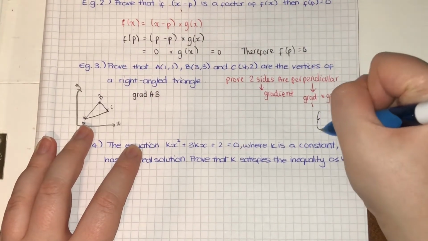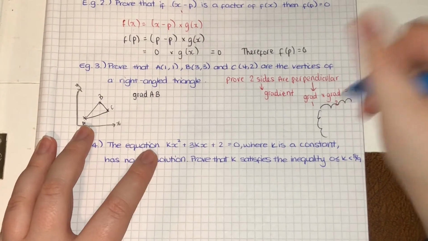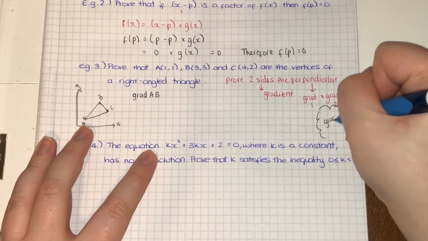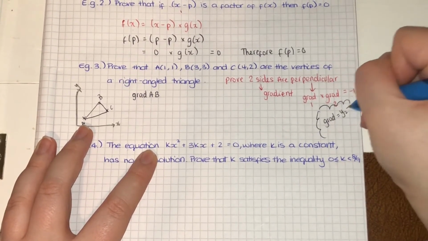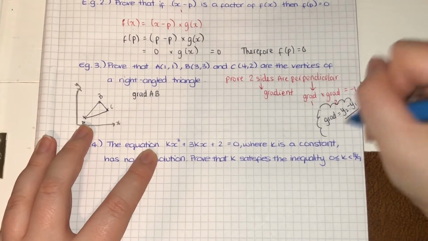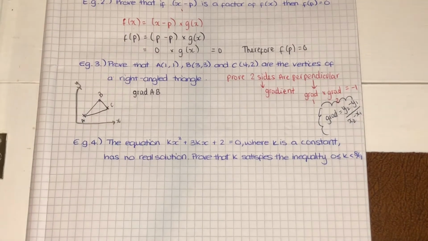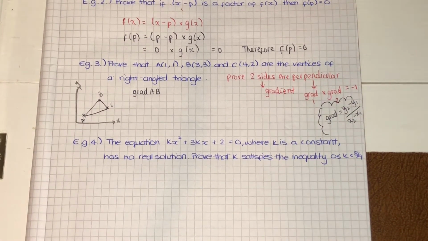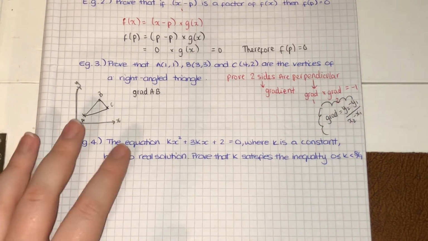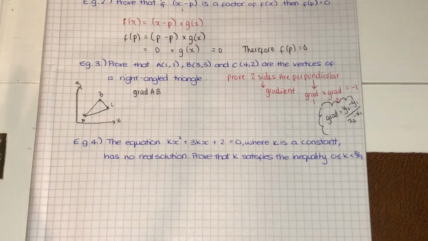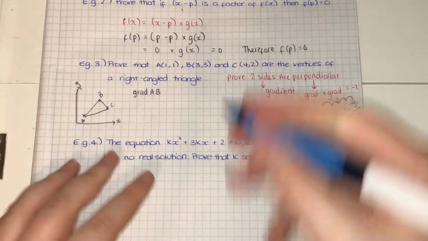Again, another thing you're going to have to remember is how to find the gradient. So we're going to be using the formula that looks like this: y2 subtract y1 divided by x2 minus x1. So x1 and y1 is going to be one coordinate, and then y2 and x2 is going to be another coordinate. Now if you can just do it in your head, brilliant. If you can't, I'm just going to quickly label them.